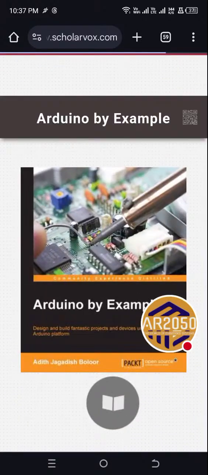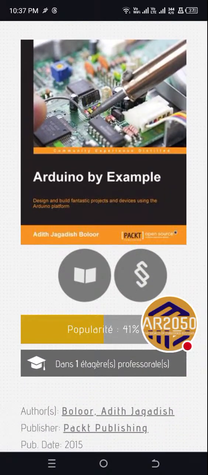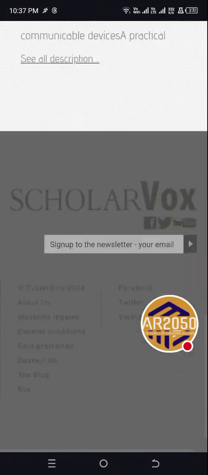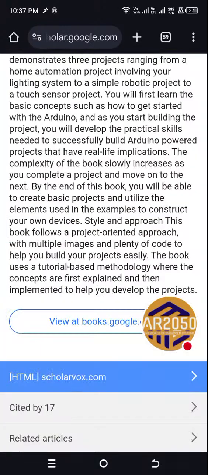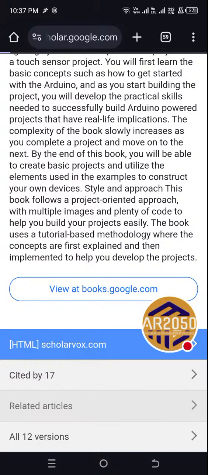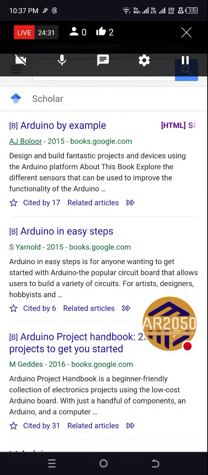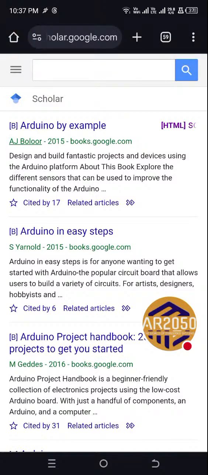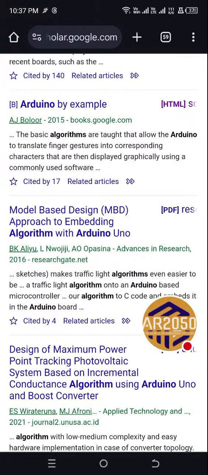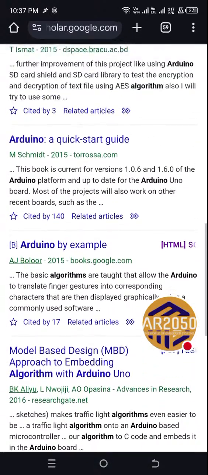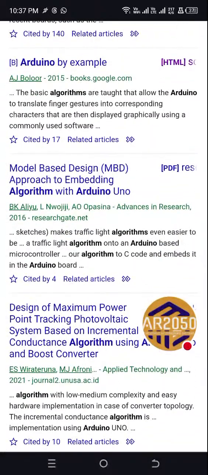Oh, so that's a book. Cool. We can go back. What is the related article? Arduino in easy steps. Well, these all are books. Yeah, it was written right there, the books, google.com. I didn't pay attention to that. I should pay attention to that.